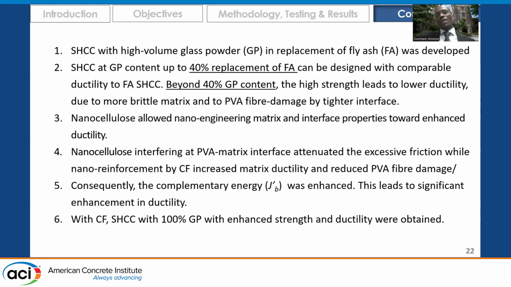Individual fiber pull-out in the presence of nanocellulose became much more slip-hardening. And that slip-hardening pull was reflected at the composite level as slip-hardening behavior. And this has led to much more ductile composites as verified by uniaxial tensile tests as well as in flexure. That's all what I have for you.